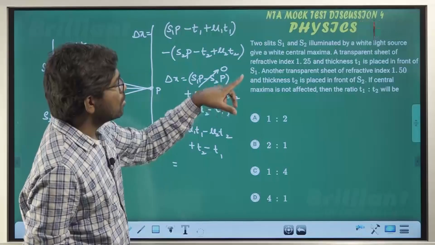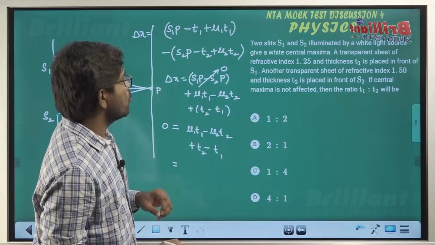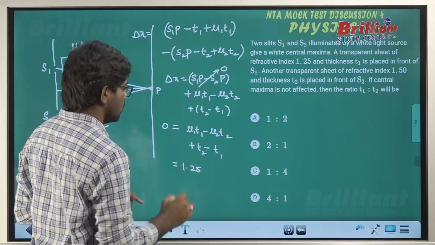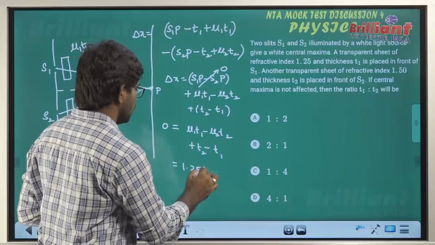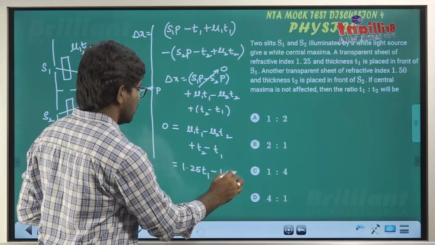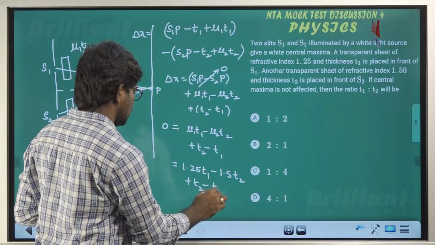How much is nu1? 1.25 and nu2 is 1.5. So it is 1.25 T1 minus 1.5 T2 plus T2 minus T1.